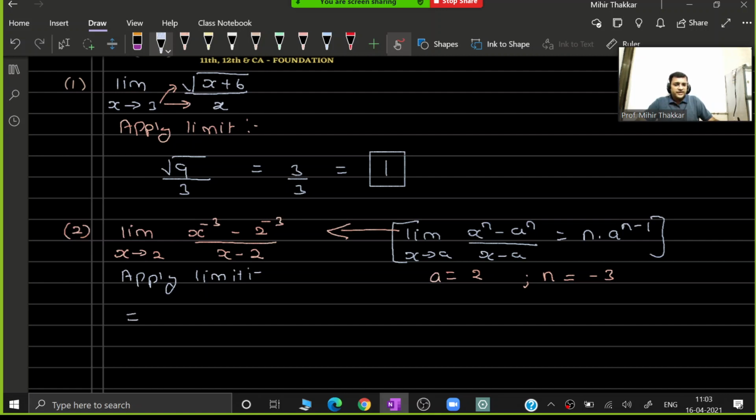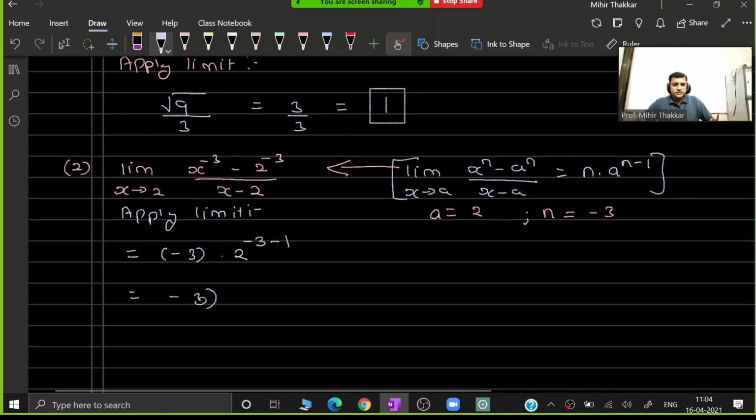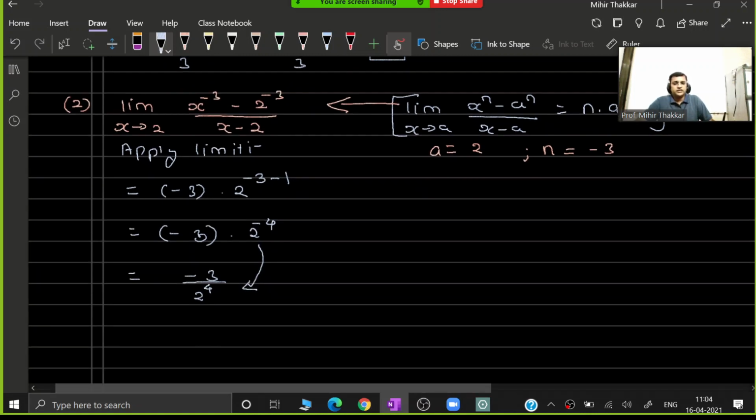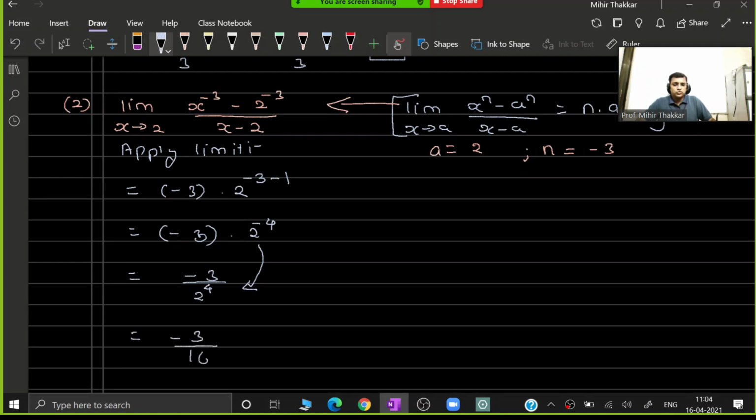It is n into a to the power n minus 1, which is minus 3 into 2 to the power minus 3 minus 1, which is minus 3 multiplied by 2 raised to minus 4. I can write minus 3 upon 2 raised to 4, just to make the power a positive number. I took that in the denominator. So my final answer is minus 3 upon 2 raised to 4, which is 16. So the limit of the function is negative 3 upon 16.